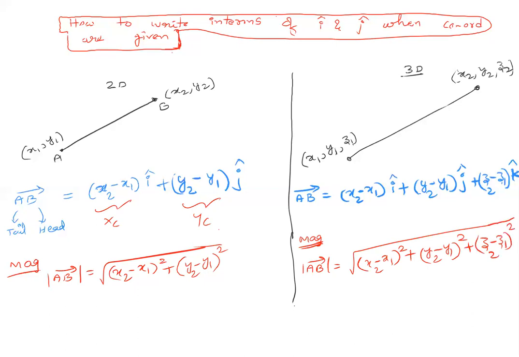And for direction, we have seen tan alpha is y component by x component, which gives you the angle with the x axis. Here cos alpha, cos beta, cos gamma you can define, which will give you the exact location in terms of direction.